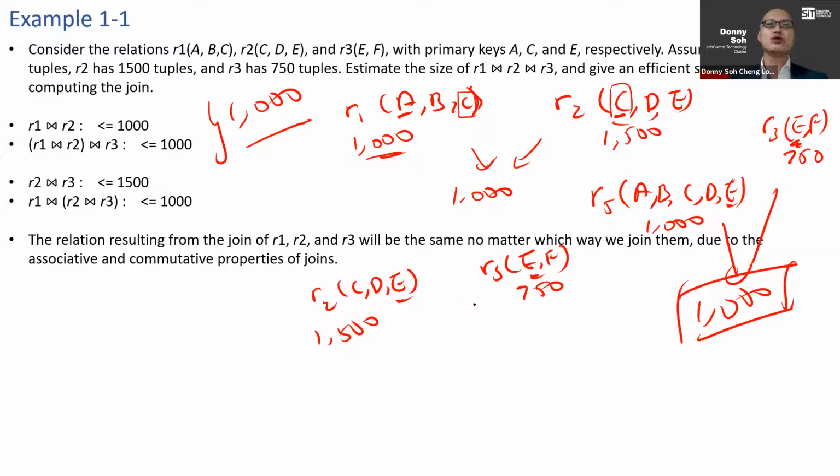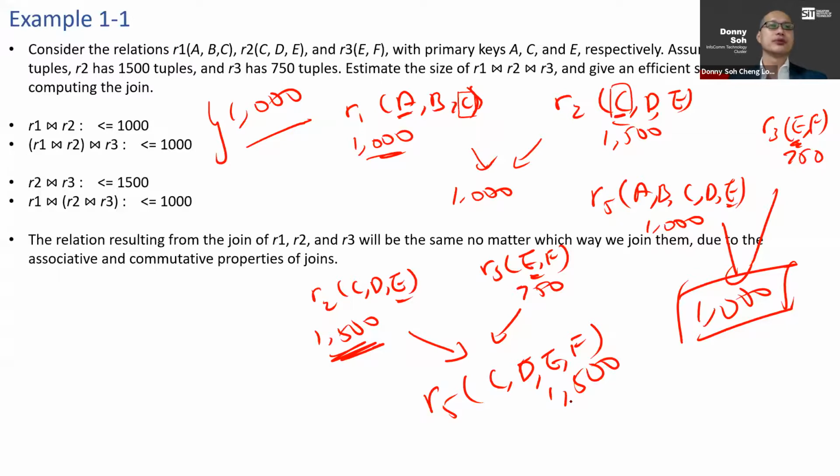The number of tuples that we expect will be this, because every row of R2 may be joined with a row in R3, and so this will come out with C, D, E, F of about 1500 tuples.